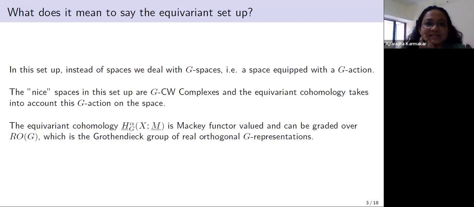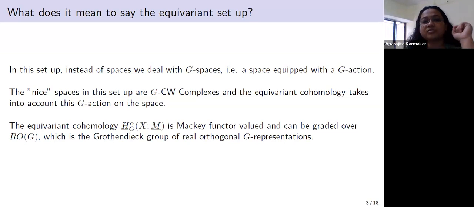Our goal is to find a similar result in the equivariant setup. So what is the equivariant setup? In this setup, instead of spaces, we deal with G-spaces, that is, a space equipped with a G action. The nice spaces in this category are the G-CW complexes instead of CW complexes.